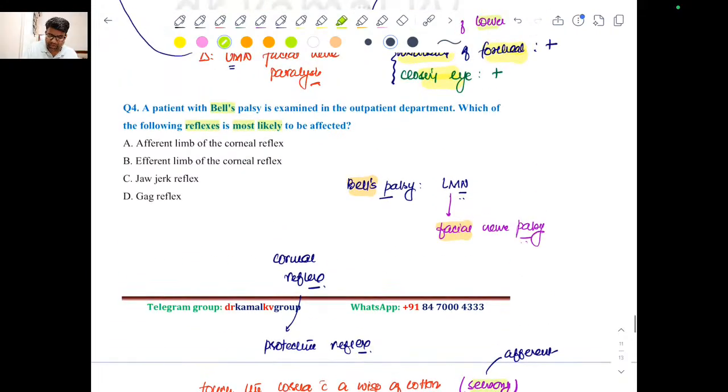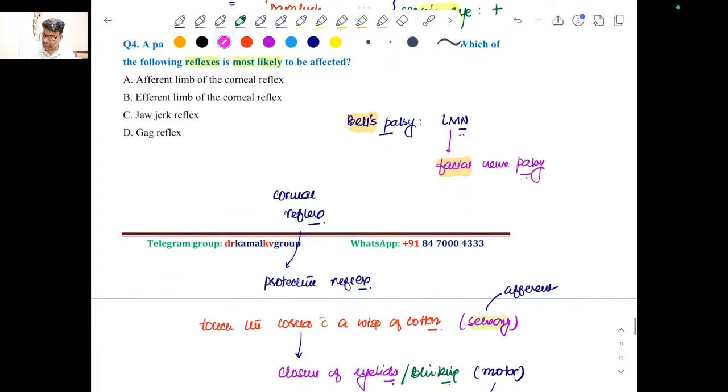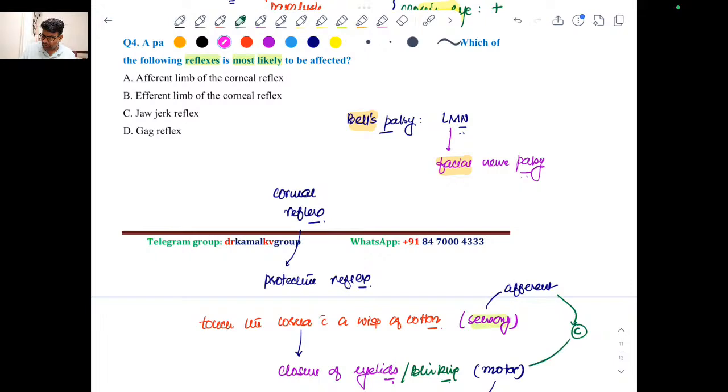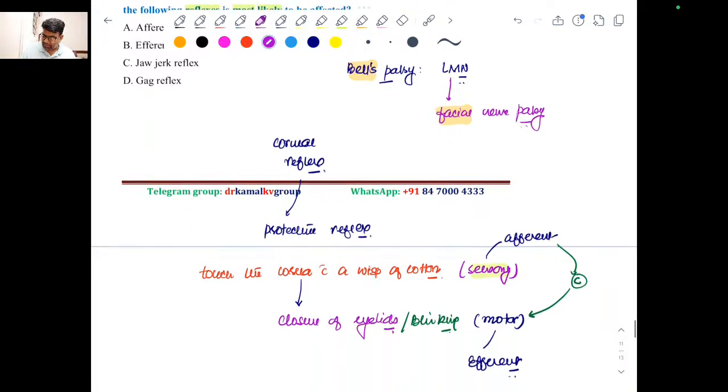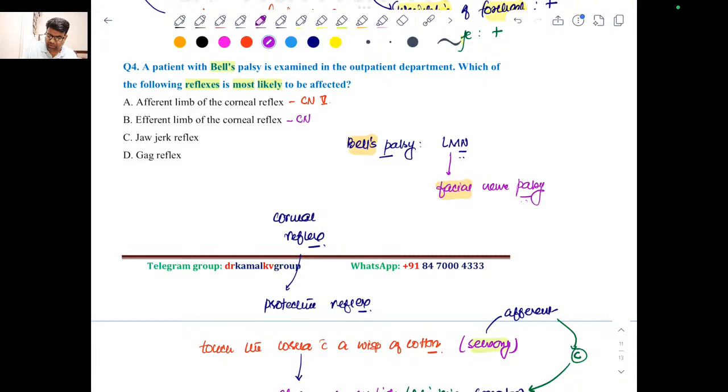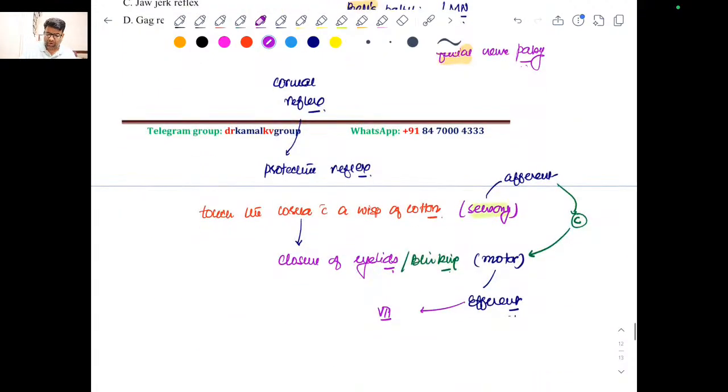So the afferent limb, because this will go to the center and from the center will come the command, is by cranial nerve 5, trigeminal, especially the ophthalmic division V1. The efferent limb is by the facial nerve, cranial nerve 7, and it will give a command to the orbicularis oculi, which will close the eye and lead to blinking.